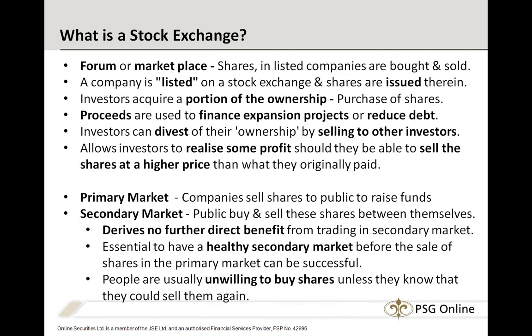Number one, a company would be listed on the stock exchange, and obviously would issue shares in its company. The idea there, from a company's point of view, would be to raise capital, either to finance future expansion projects or to reduce debt. But you as an investor have the opportunity to become a part owner of that company. You do that by purchasing shares in the business.